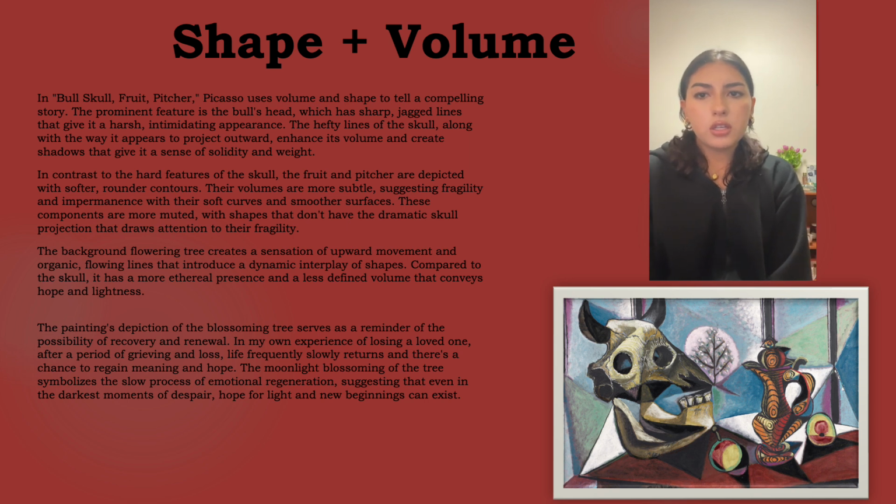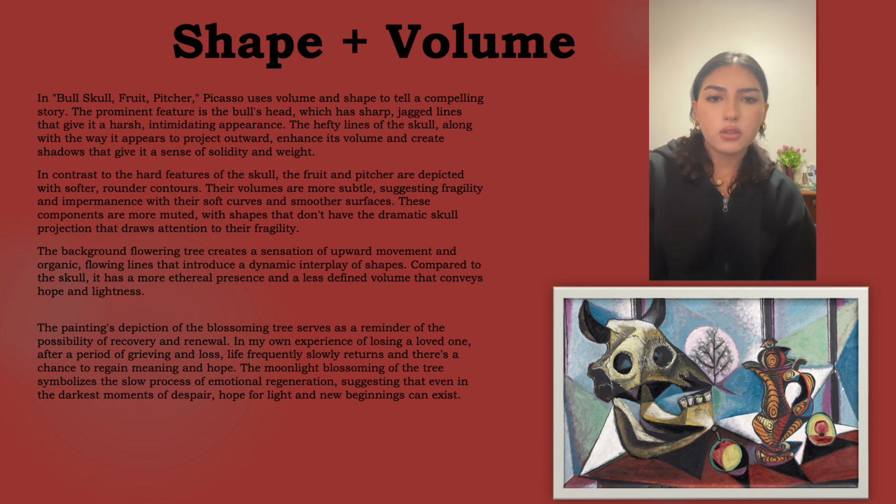In contrast to the hard features of the skull, the fruit and pitcher are depicted with softer, rounder contours. Their volumes are more subtle, suggesting fragility and impermanence with their soft curves and smoother surfaces. These components are more muted, with shapes that don't have the dramatic projection of the skull, which draws attention to their fragility.